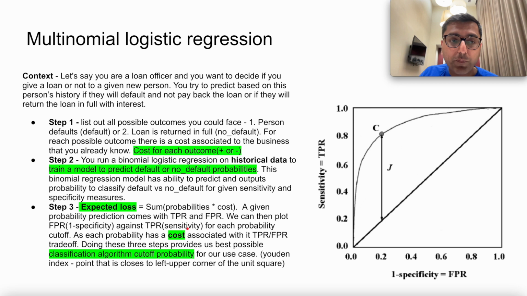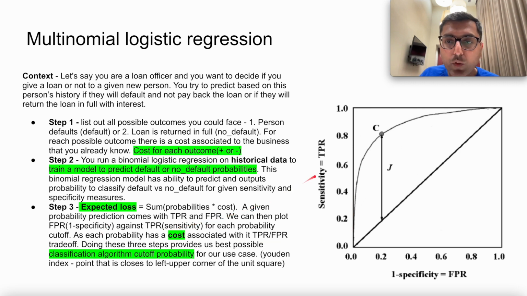You can say, hey, no, my expected loss tells me I need you to be more specific or more sensitive. So you can change your algorithm to say, hey, I need a higher cutoff. And so you can make it more sensitive or more specific.